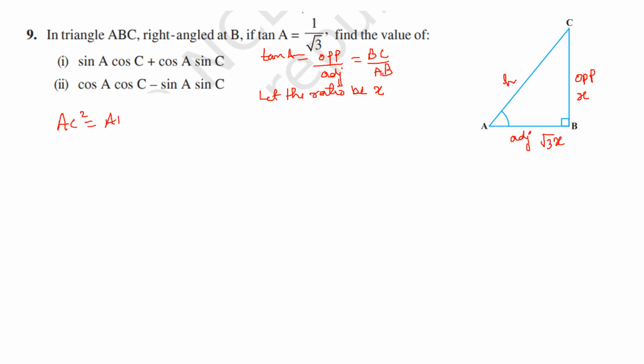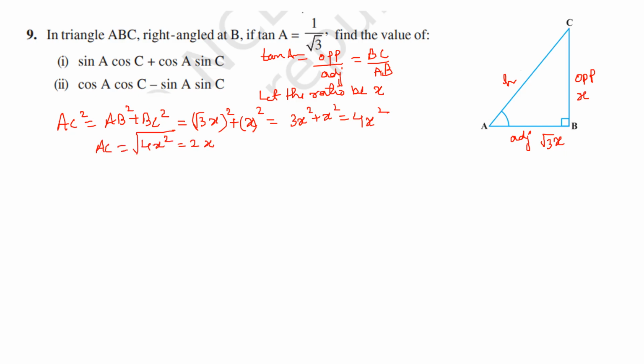AC square equal to AB square plus BC square. So AB square is (root 3 x) whole square plus (x) whole square. 3x square plus x square, which will give me 4x square. So AC will be root of 4x square, which will give 2x. So hypotenuse is 2x. Okay.